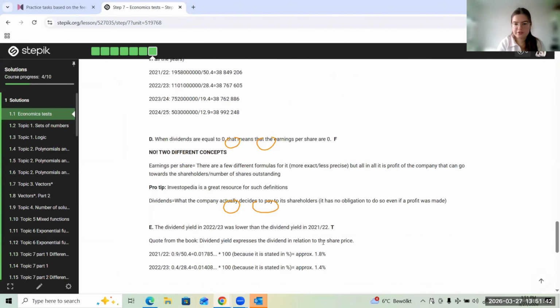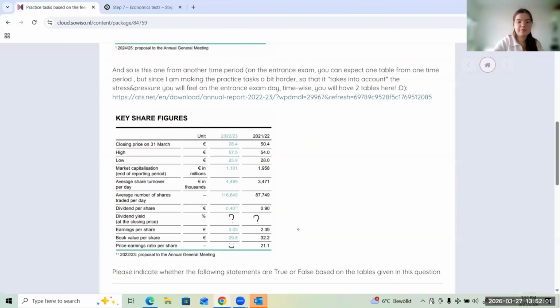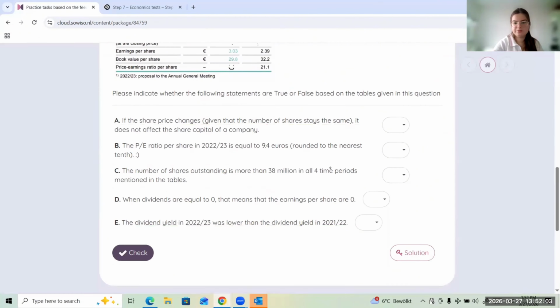If you know that this is clearly lower than this one, then it's true. This will be the solutions.